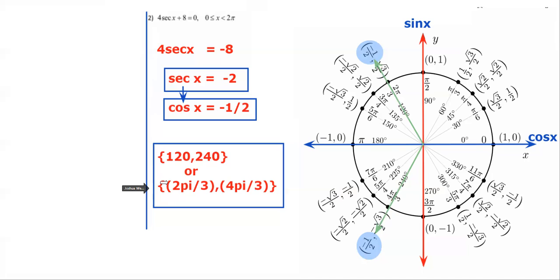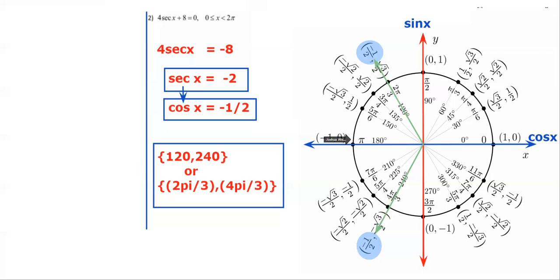The correct answer was 2 pi over 3 or 4 pi over 3. Those are the two angles. For further information, perhaps I'll do a video on the Pythagorean identities. But remember that sine squared plus cosine squared equals 1. That's the idea of this unit circle, even though the secant is an external triangle here.